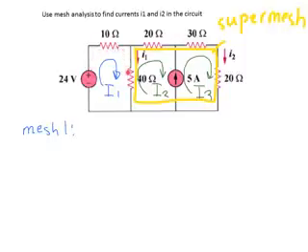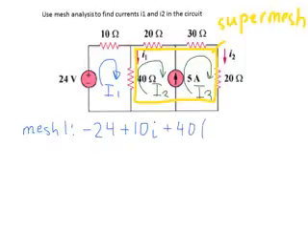Start with 24 volts. We are moving from minus to plus, so we put negative 24. Then continue going through the 10 ohm resistor, plus 10 I1, mesh current I1. Then we have plus 40.